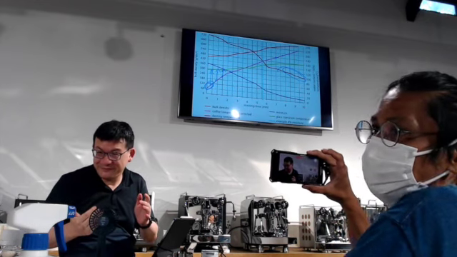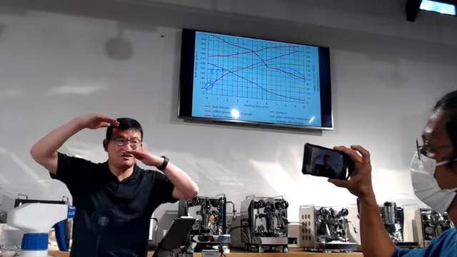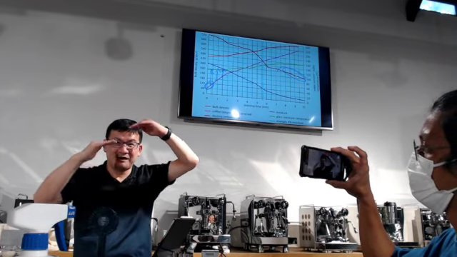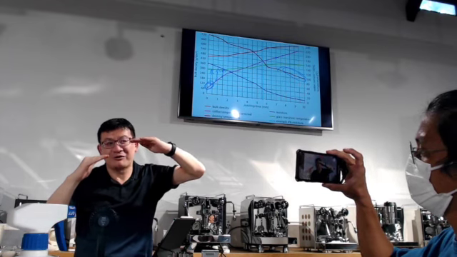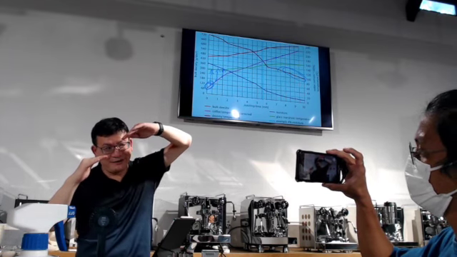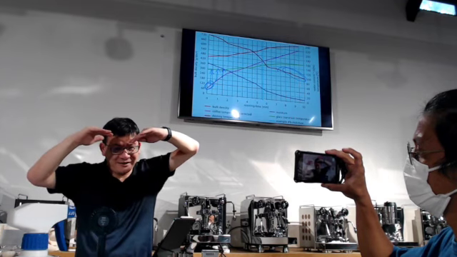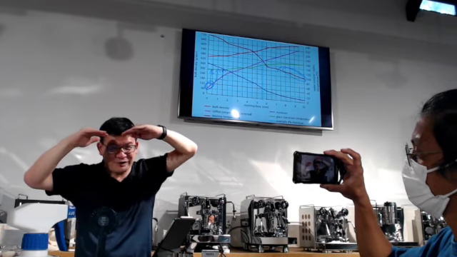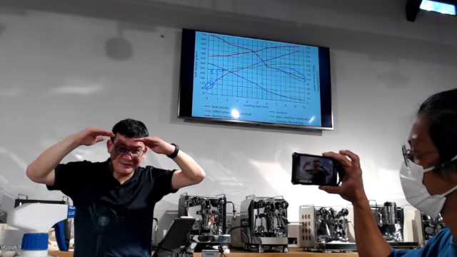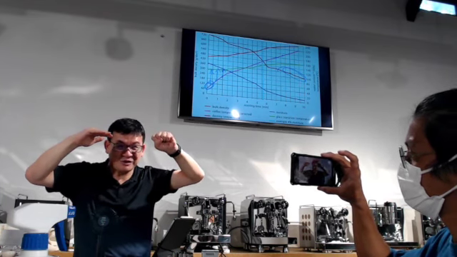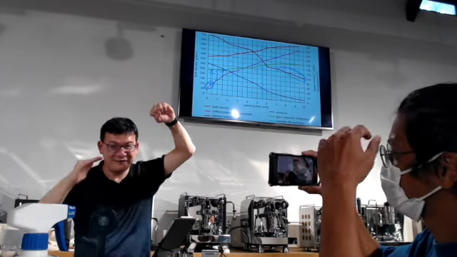So it's like a seesaw. If the turning point is low, after first crack, you need to go higher. If the turning point is high, after first crack, you can go lower. That means you can roast lighter. It's like this.